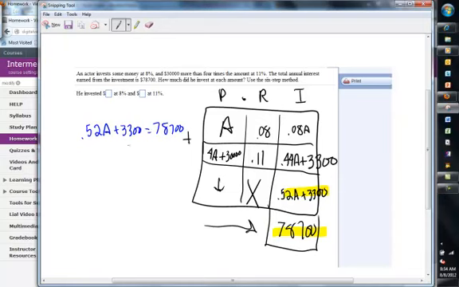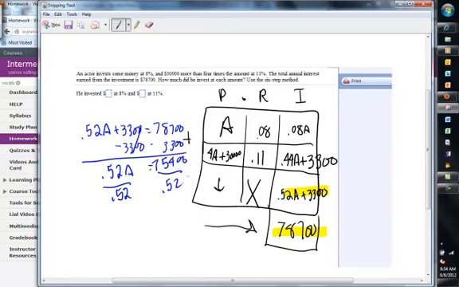Okay, let's subtract 3,300 from both sides. And we get 78,700 minus 3,300 is 75,400 equals 0.52a. These cancel. Divide both sides by 0.52. And we get 145,000.